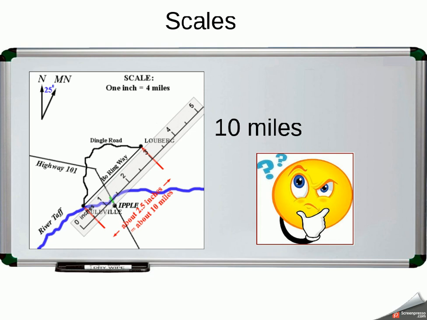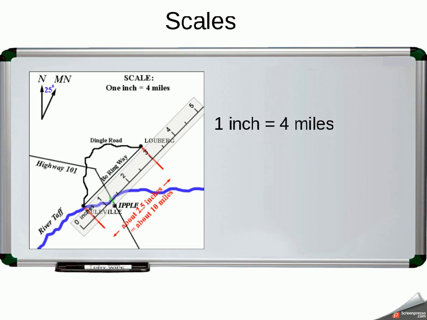So like I said, what happens if we're told then that we have to work out what 10 miles is? Perhaps you've been told that a road that's going from here, Leberg, directly north is 10 miles long, and you need to draw it on the map. We need a length. So what we're going to do is say, right, 1 inch is 4 miles on this map, as the scale is showing me.